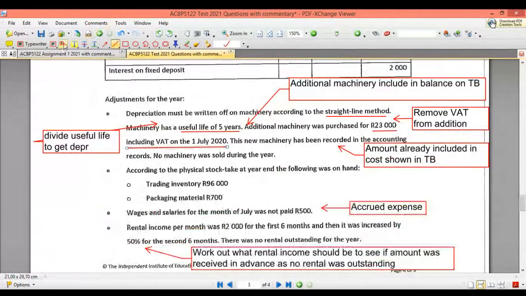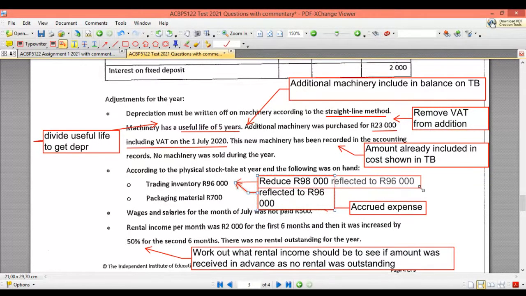So that means I need to reduce the 98,000 reflected to 96,000. So I need to show what the actual inventory should be based on the stock take I've done.